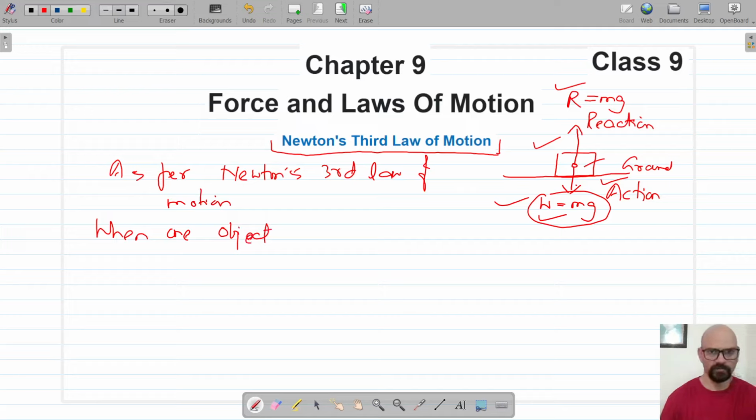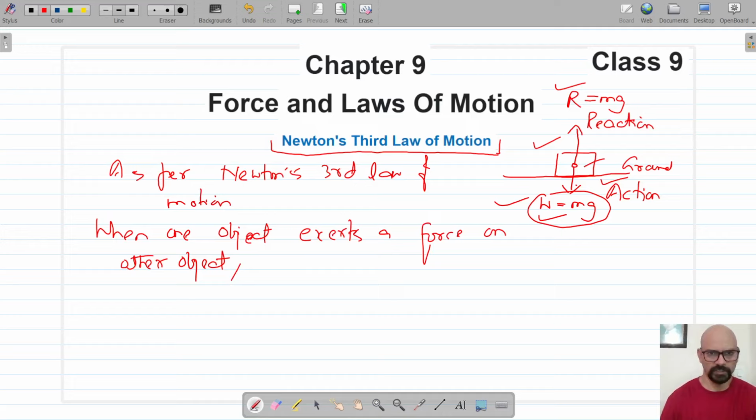So when one object exerts a force on the other object, this is the first case.